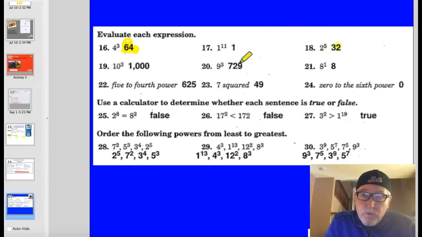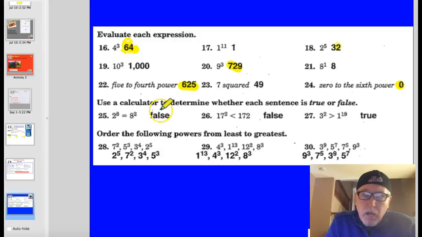You had 20, which was 9 to the 3rd. That'd be 729. You had 22, 5 to the 4th power, which is 625. You had 24, 0 to the 6th power. Well, that's still going to be 0, right?